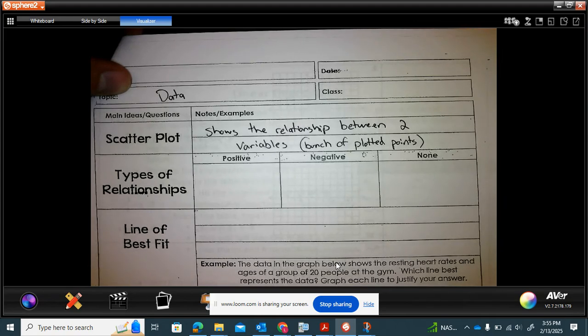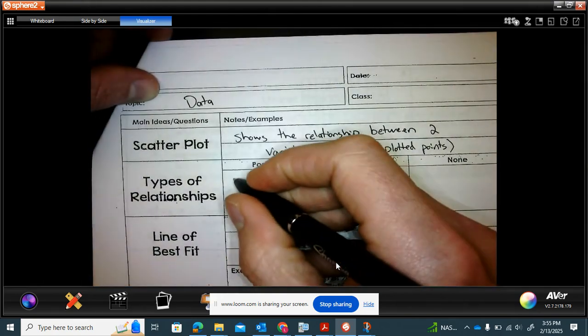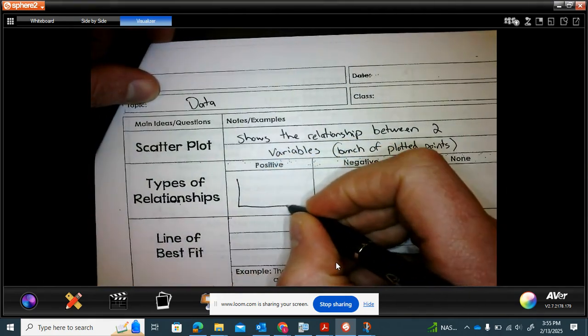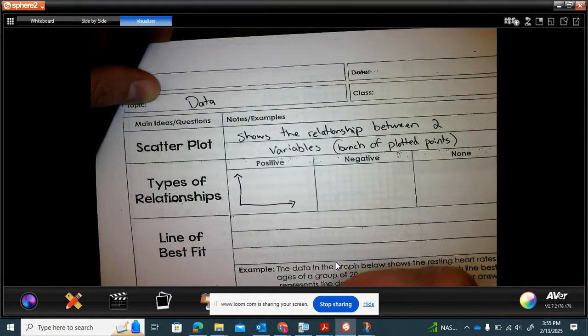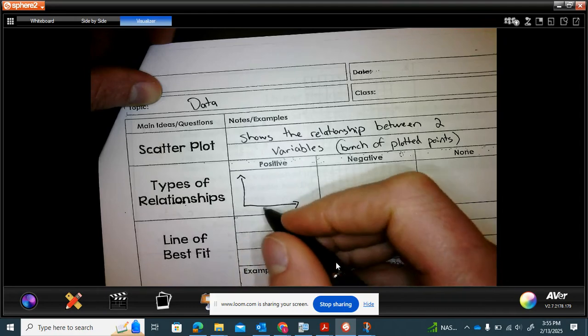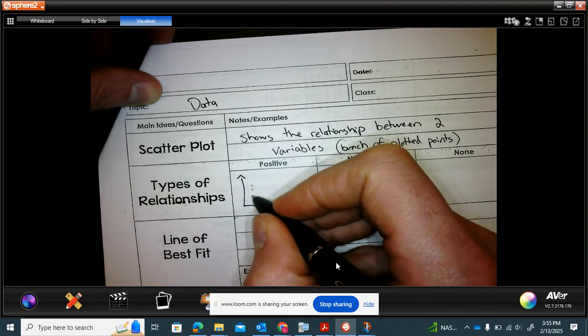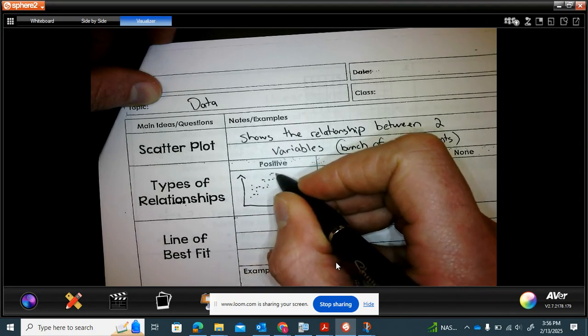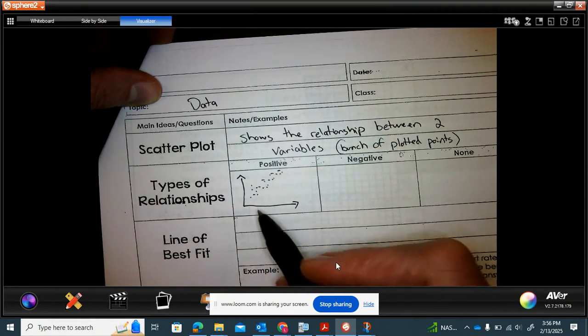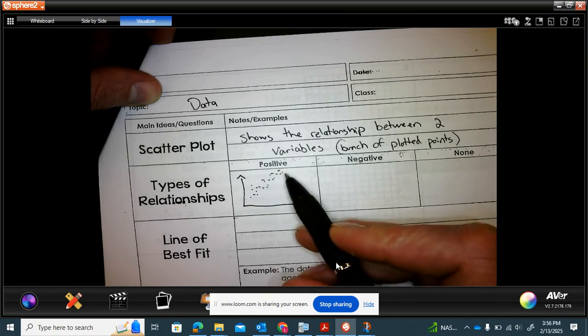And so just like we have the different types of lines, a positive slope and a negative slope, the same thing is true for scatter plots. So if we have an x and a y axis, and you have a bunch of plotted points that goes like this, you could see they're going in the upward direction, in the positive direction.